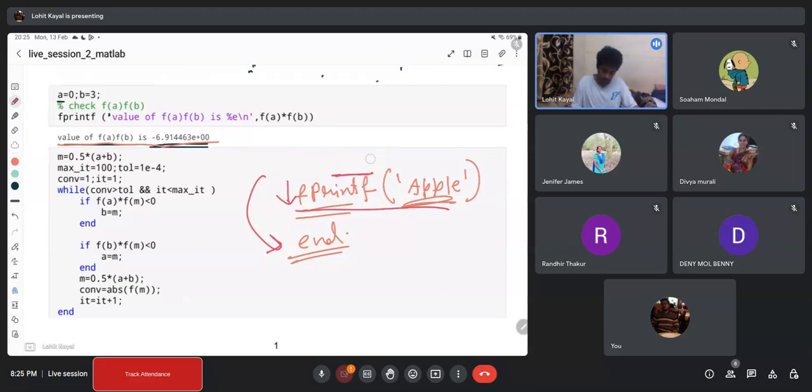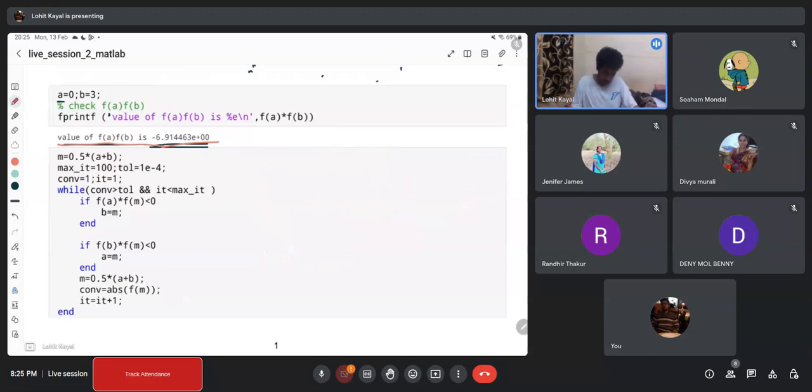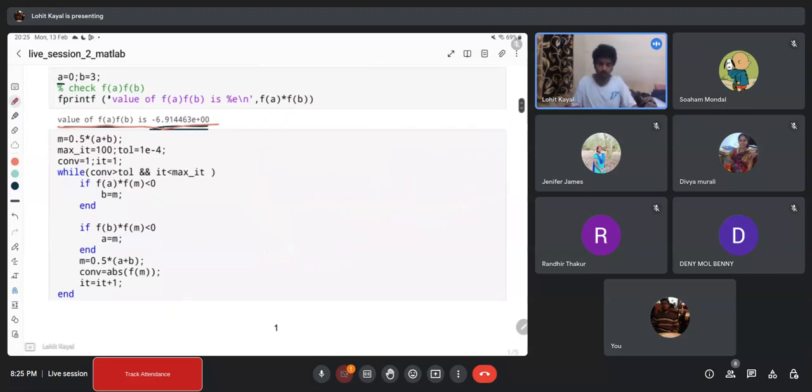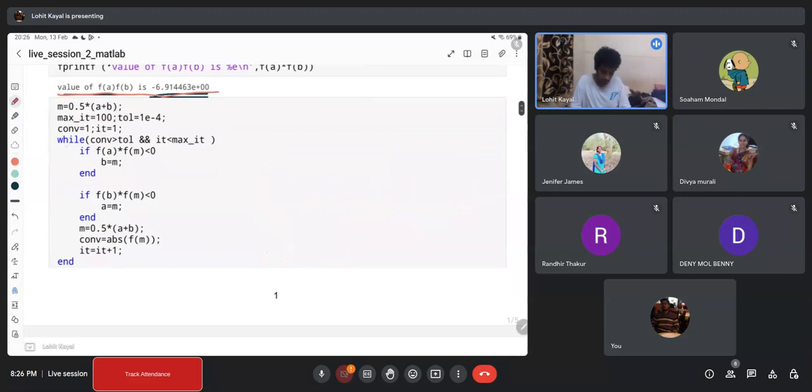When you use the loop, then you will understand it better. So let's do the problem. Here my condition is, while, another thing, conv is some number. conv is my initial guess of x minus x star.